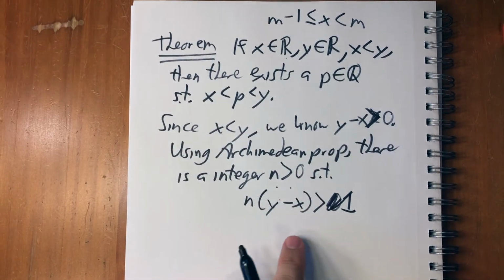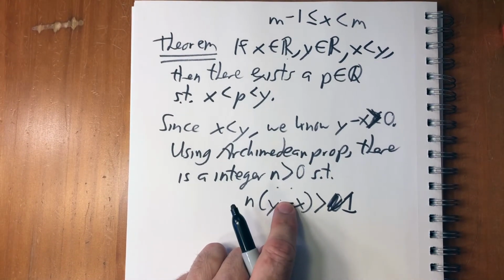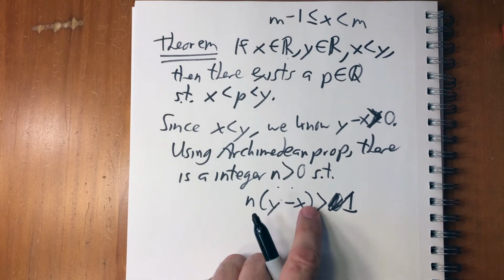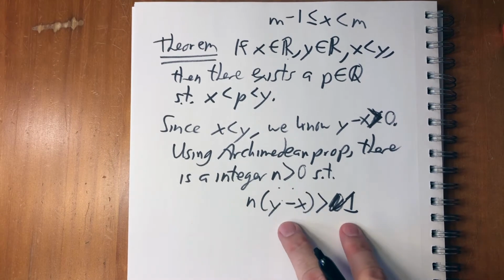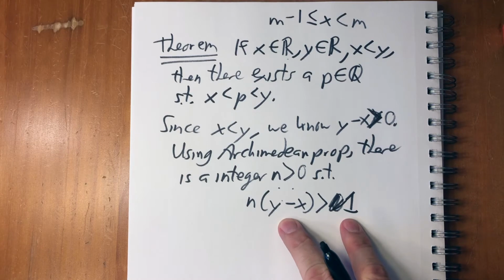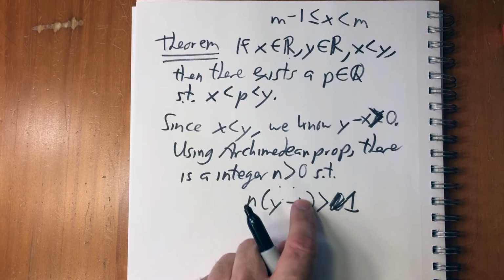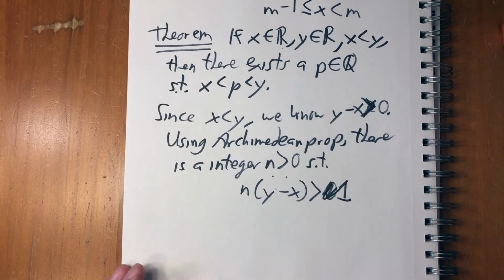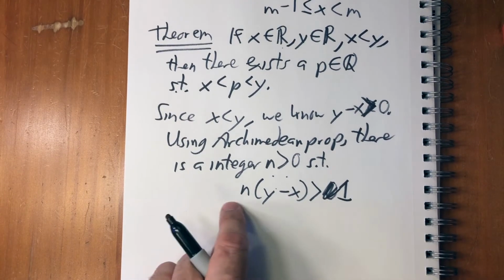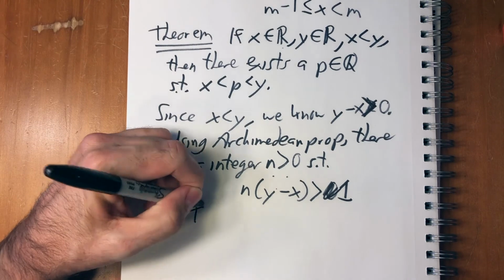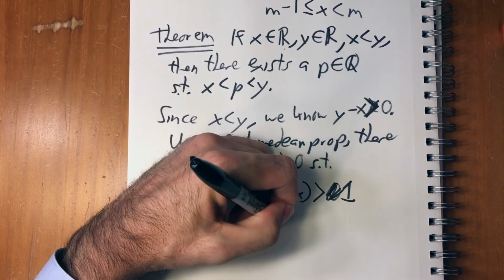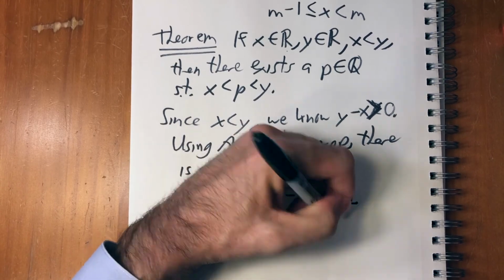What we're doing here is, we know this is positive, so using the Archimedean property, we can find an n that will make this one greater than 1. Then if you use the distributive property, we have that ny minus nx is greater than 1.